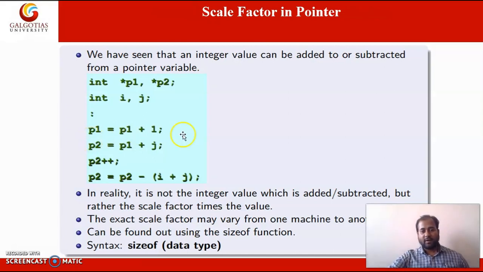In this way the scale factor depends on the computer, the increment of the pointer value is done on the basis of the data type of the pointer, and the size can be found by the sizeof operator.